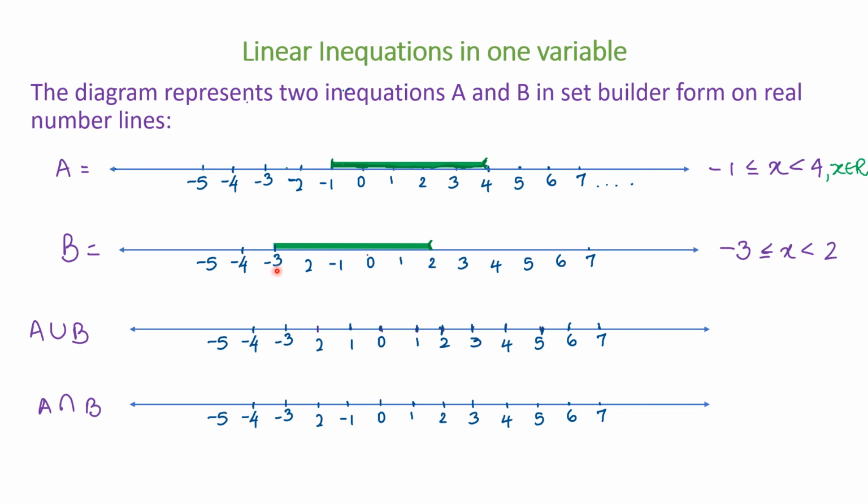Over here, observe that -3 is included in the set B, whereas 2 is not included, and therefore -3 is less than or equal to x is less than 2, and x belongs to R.